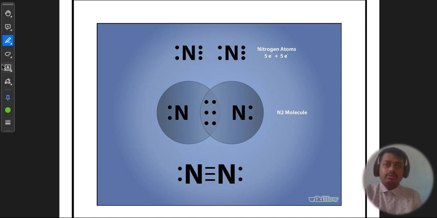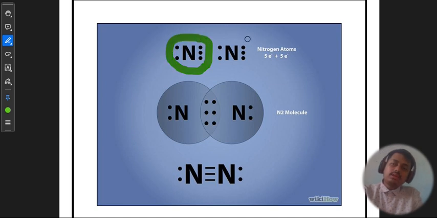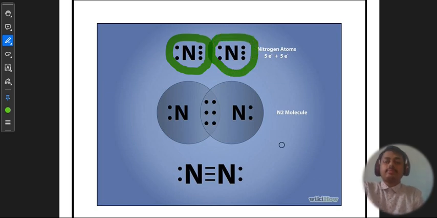So if we look at the diagram, you can clearly say this nitrogen atom has 5 electrons in the outermost shell, and this nitrogen also has 5 electrons in its outermost shell. Now 3 electrons from each nitrogen will form a bond between them.